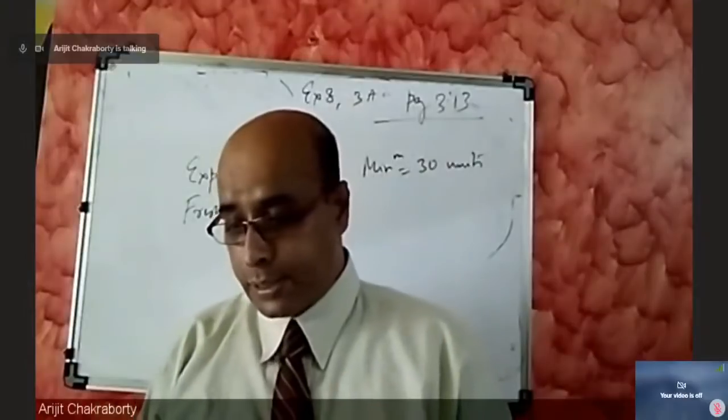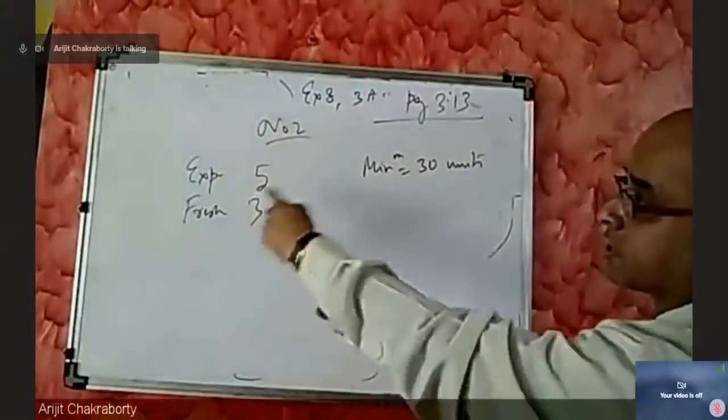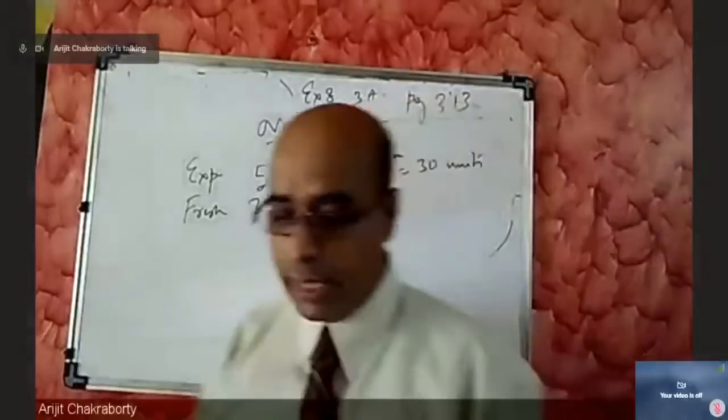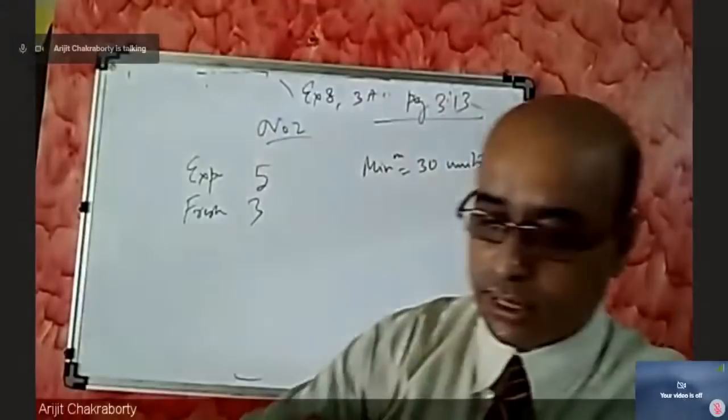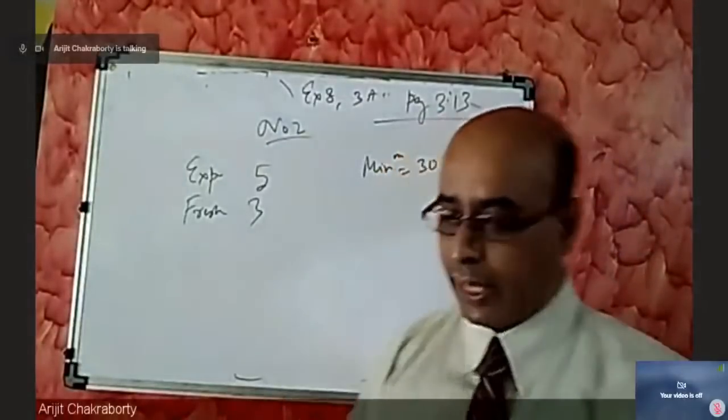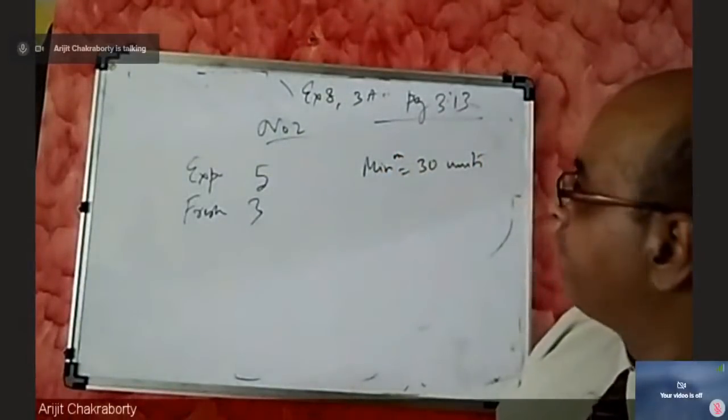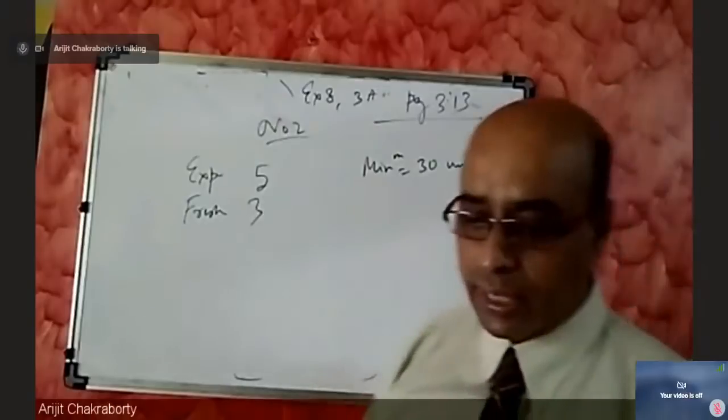So an experienced person is doing 5 units of work in a day and a fresh person is doing 3 units of work in a day. Now we have to maintain 30 units.